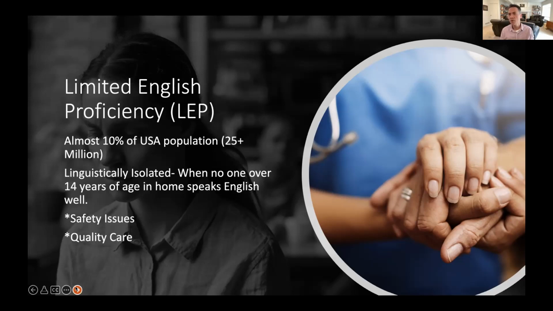Can anybody help me with what the emergency number is in other countries? 999. I think in England. So if somebody's from England, they may dial 999 and not get anything. So we have definite limited English proficiency issues here. And of course, quality of care. If someone doesn't speak the native language, you're going to have some issues.